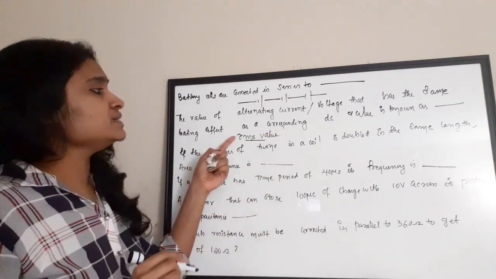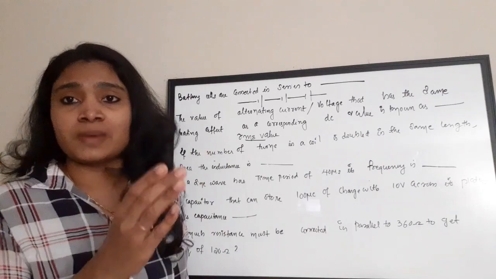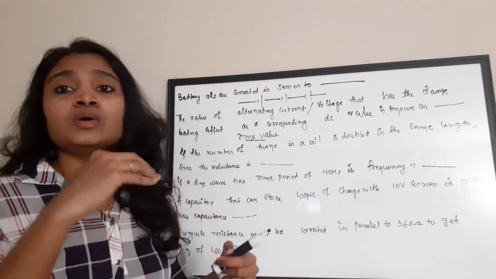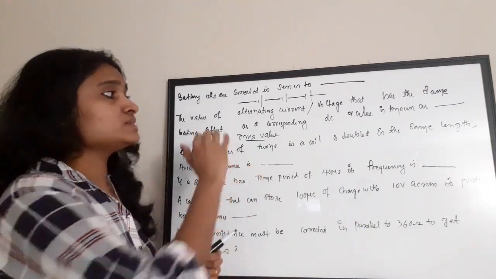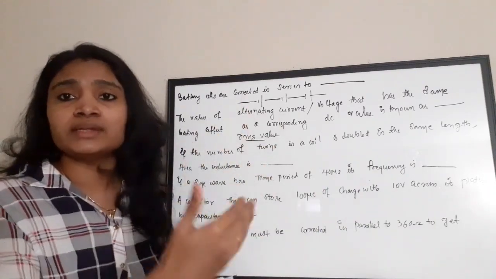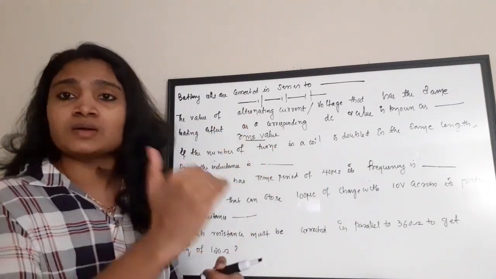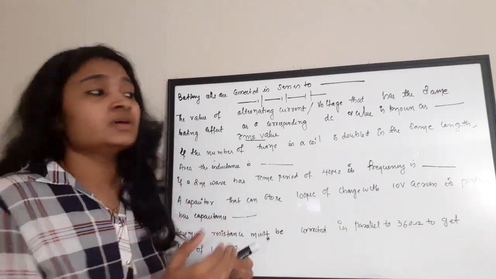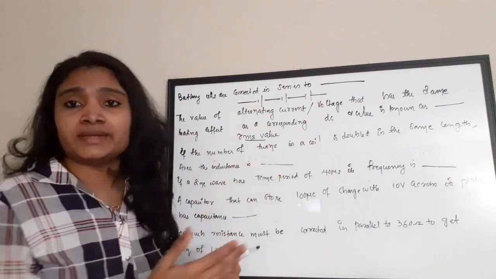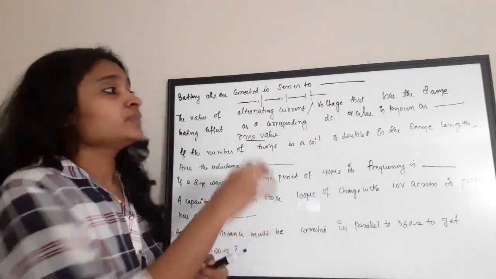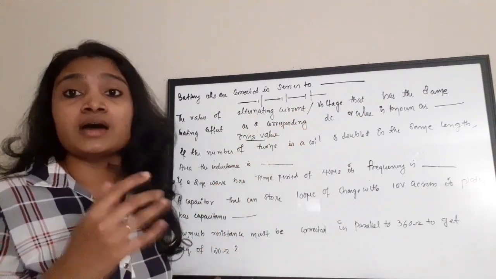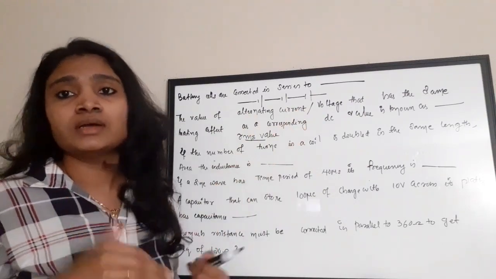The RMS value is a DC or constant value corresponding to an alternating current or voltage, having the same effects as that of the alternating current or voltage. That is, a constant DC value which gives the same effects as the alternating current or voltage is called its corresponding RMS value. It is a DC or a constant value.